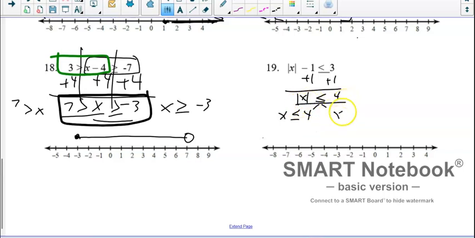And then this, remember, don't we make this side negative 4? Make it opposite? Well, when we do that, we're effectively multiplying by negative 1, so we flip the symbol. So x is greater than or equal to negative 4, solid dot. X is less than or equal to 4, solid dot. And in between. And that's it.